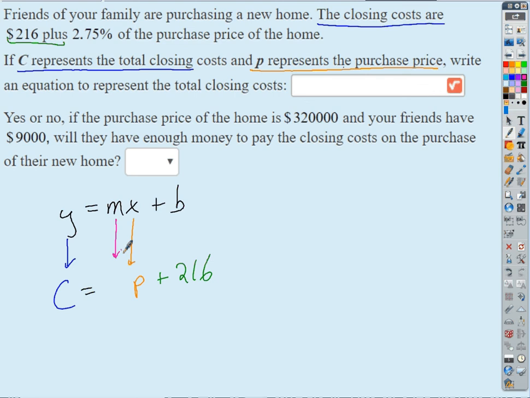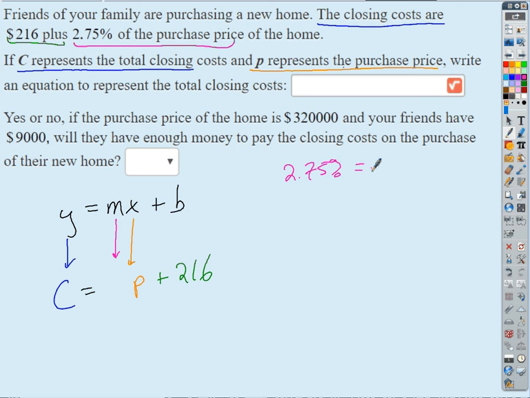2.75% of something means the decimal of the percent times, right? Like if I say what's 25% of 100 or 25% of 200, what do I do? I multiply 200 by 0.25, right? So if I want to write this, then I want to figure out what M is. It has to do with this part right here, doesn't it? Okay, but if I want to turn this percentage into a decimal, what does that equal as a decimal? What do I have to do to make that a decimal?